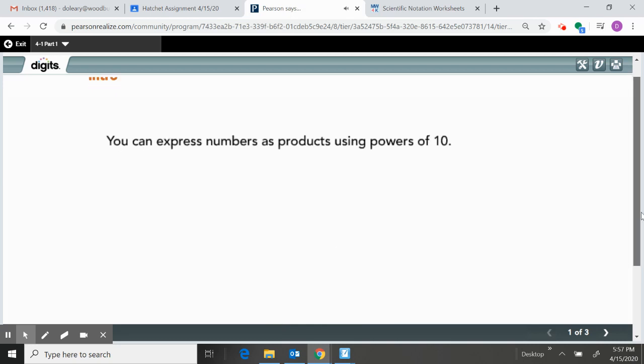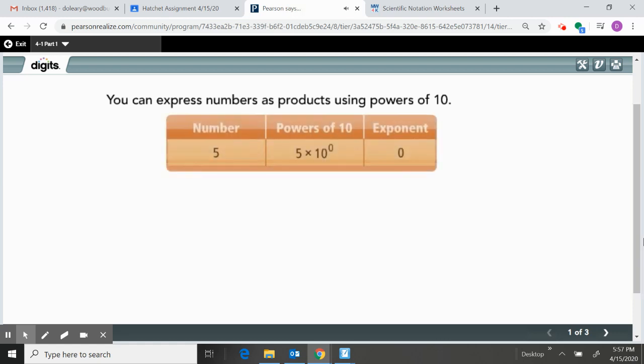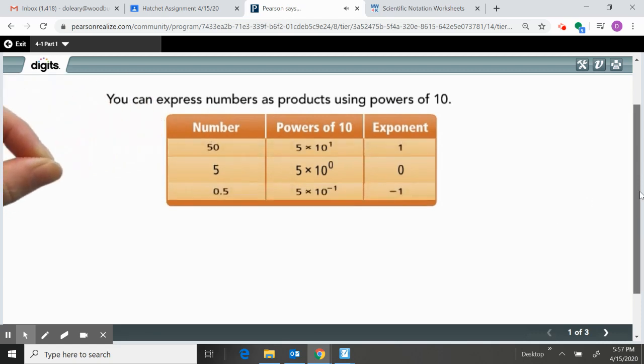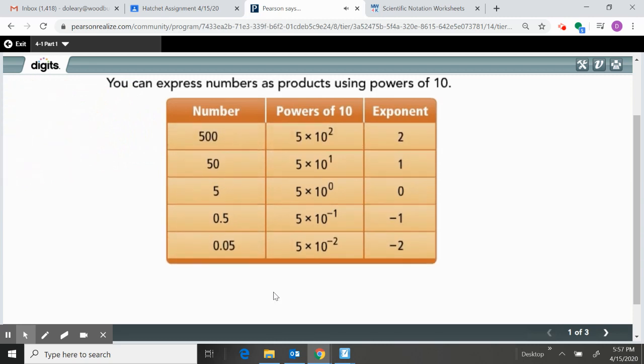You can express numbers as products using powers of 10. The number 5 can be expressed as 5 times 10 to the 0 power. The number 50 can be expressed as 5 times 10 to the first power. The number 5/10 can be expressed as 5 times 10 to the negative first power.